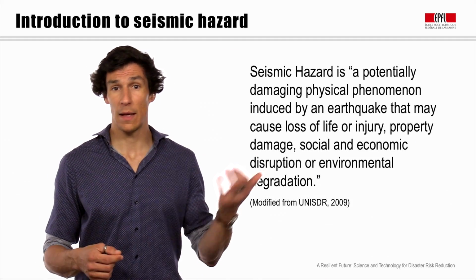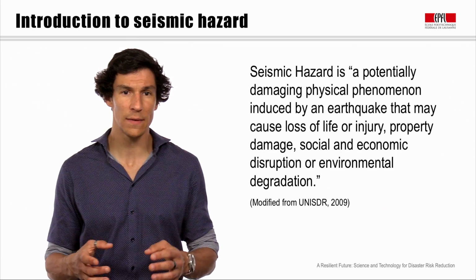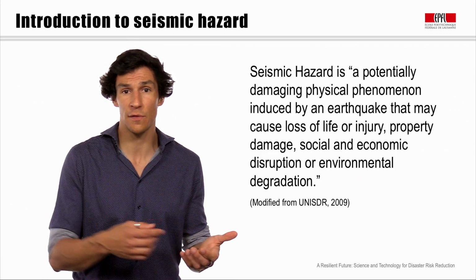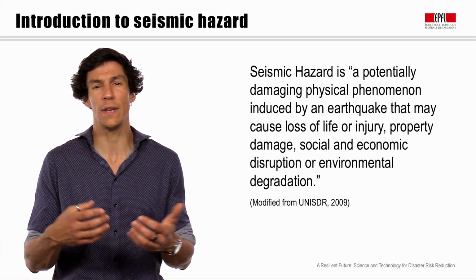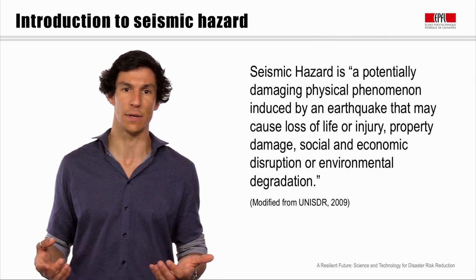Seismic hazard refers to all the physical phenomena caused by earthquakes that may be potentially damaging, either directly for human life, for physical assets, or in any other social, economic, or even environmental dimension.